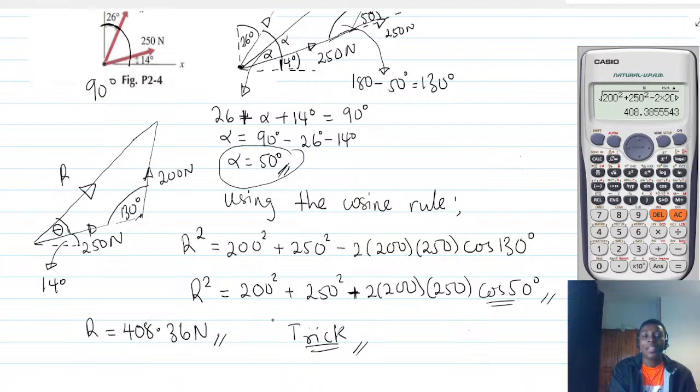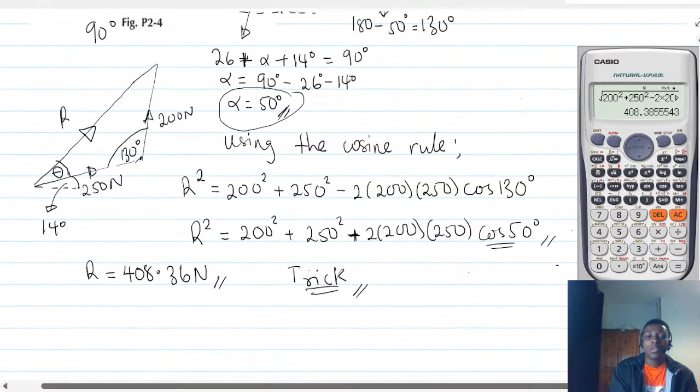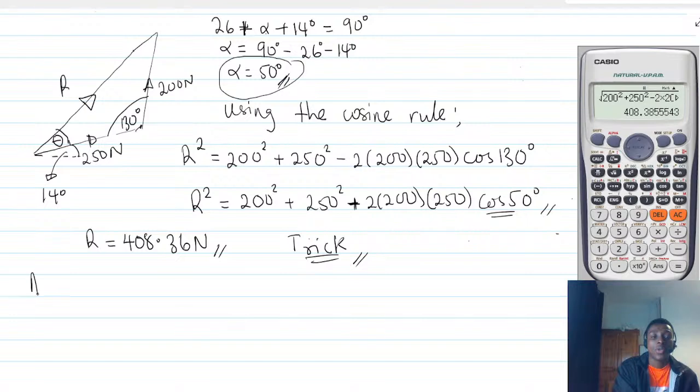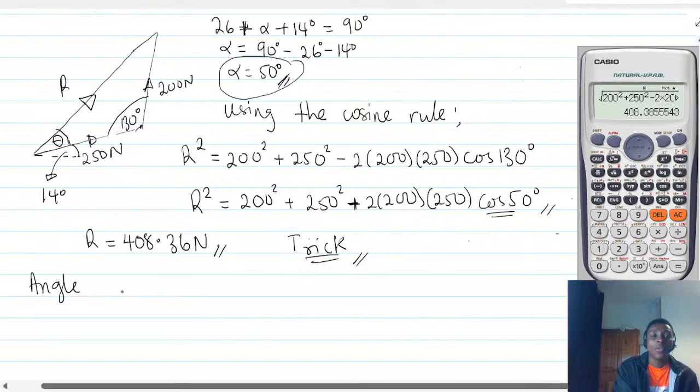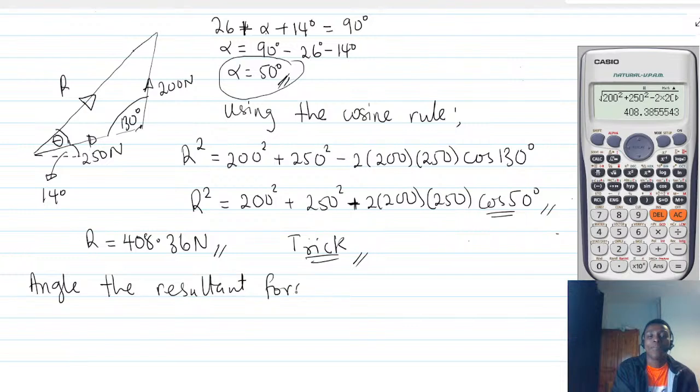But to find the angle the resultant force makes with the x-axis.